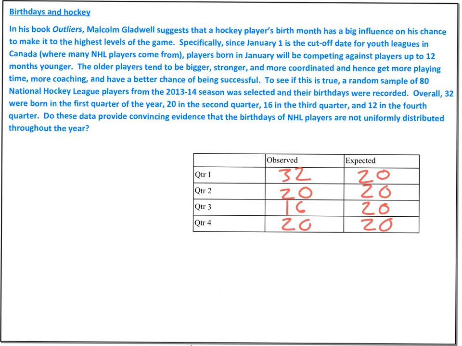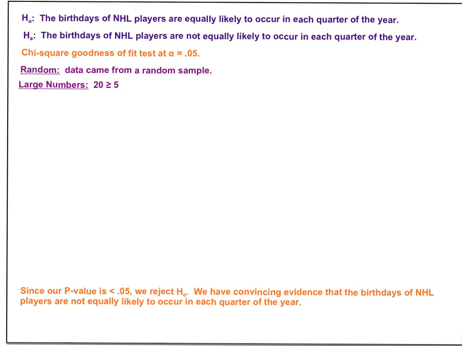In other words, if you had an NHL player, they would be equally likely to be born in all 4 quarters. Once you have this, that's really what you got to start with, to get your observed and your expected counts, because once we have those, we're off and running.